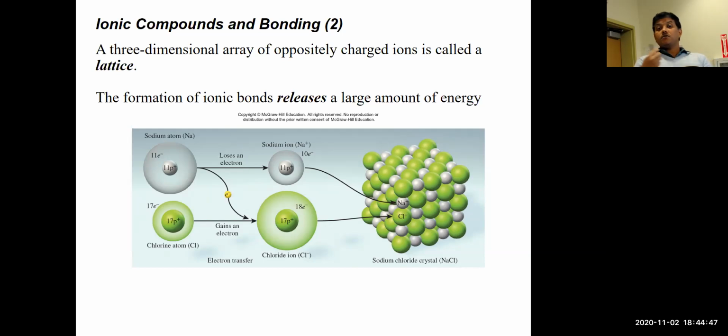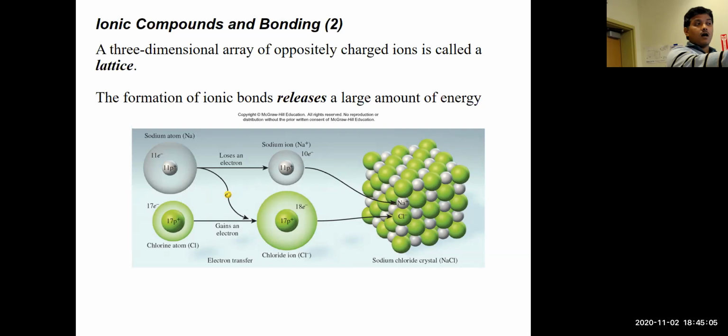It is unique to each ionic compound, and that unique structure we call a lattice. The lattice structure tells us how the ions arrange themselves to form the solid. Let's discuss how this lattice is formed.